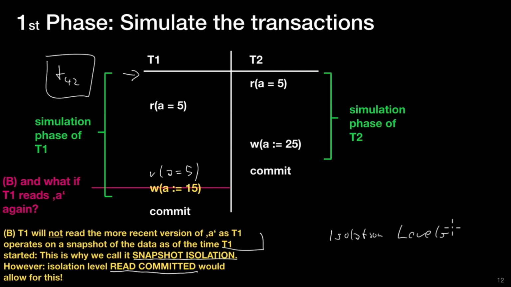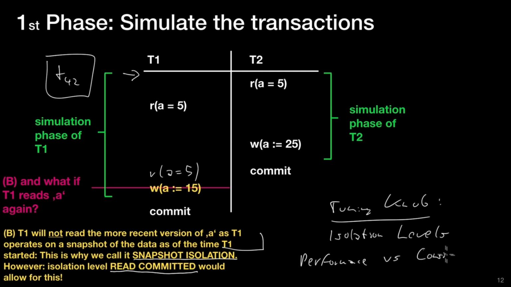That's basically a tuning knob that allows you to trade performance with consistency, or in other words, the degree of isolation between transactions.